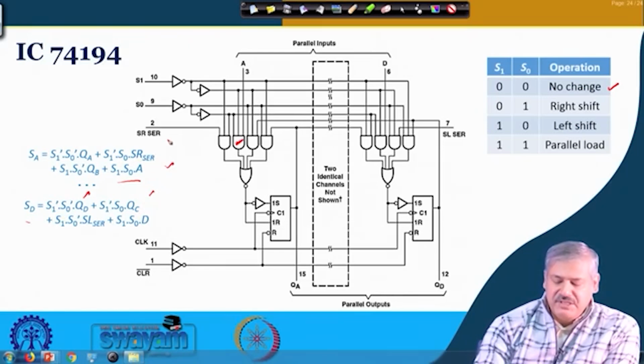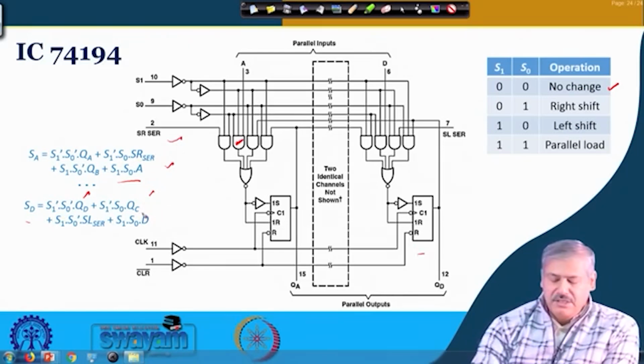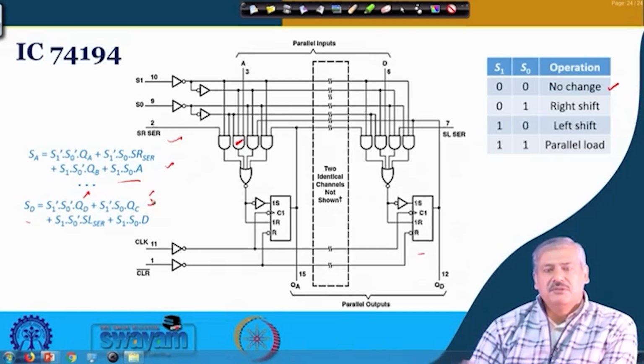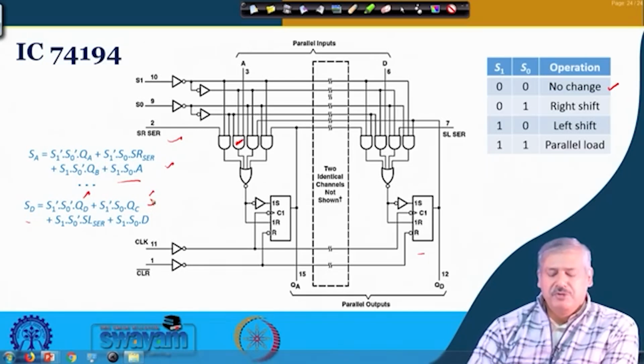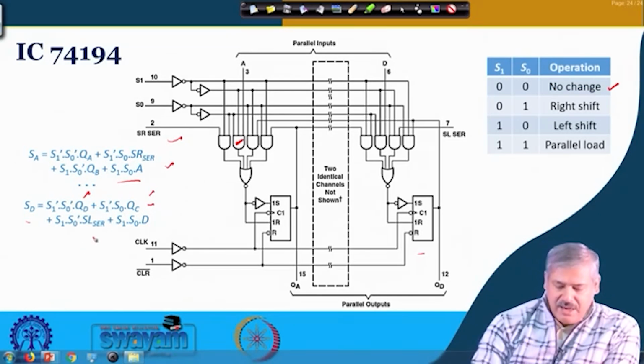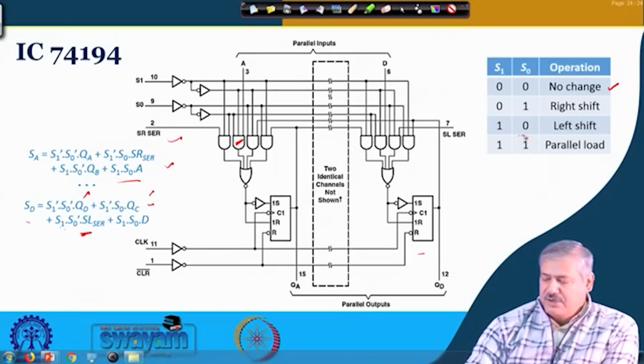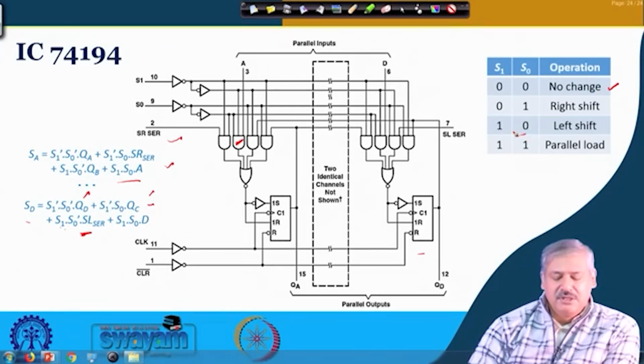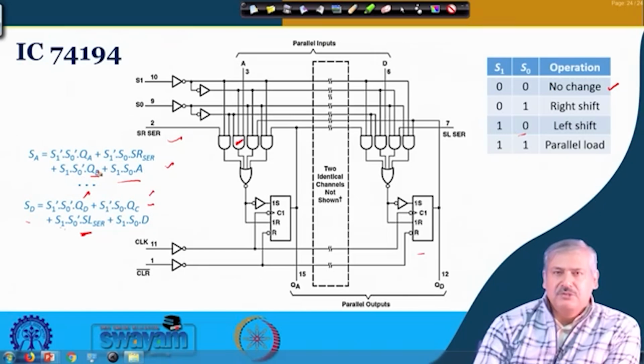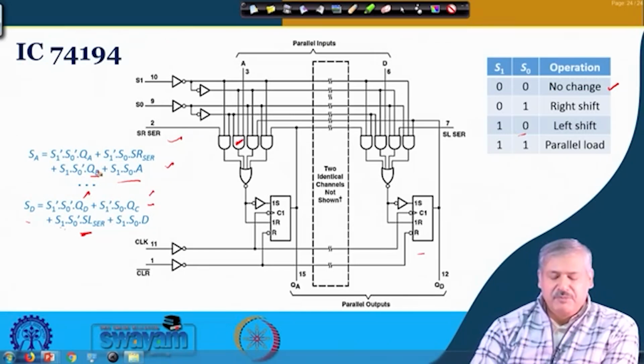Earlier it was serial in, in this case it will be QC, it is coming from the right shift. So, QC will be the input of this one, right, and for S1 being 1 and S0 being 0, this was QB here. So, it is a left shift operation, from QB it was coming to QA.